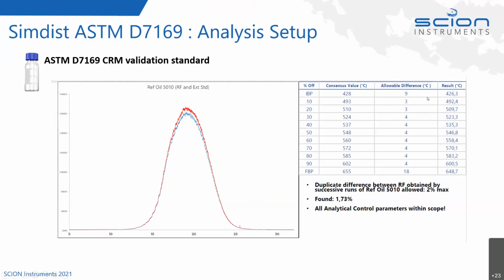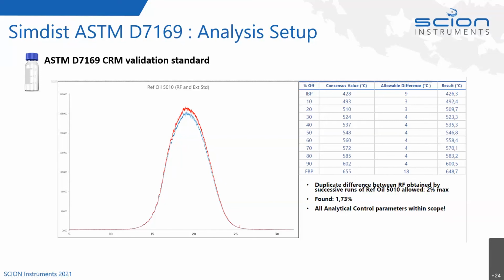The allowable difference is 9 degrees Celsius, so we're well within the allowable difference for the consensus value. Here we have the cut points all the way up, and we are in good agreement with the allowable difference up to the final boiling point of 655 degrees Celsius, where on this GC result we have 648.7.